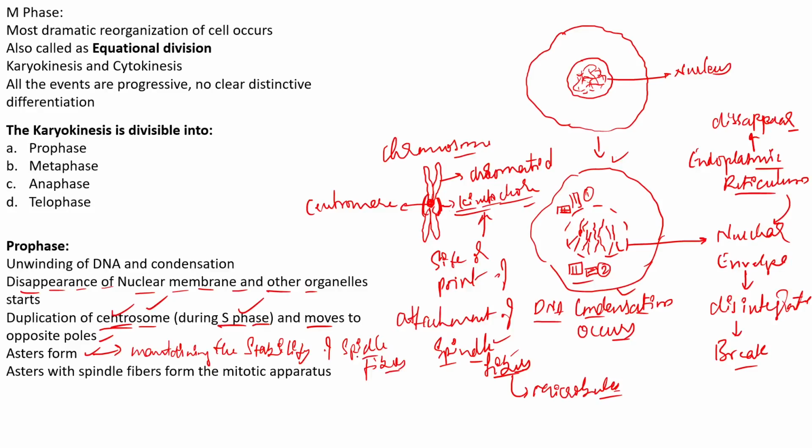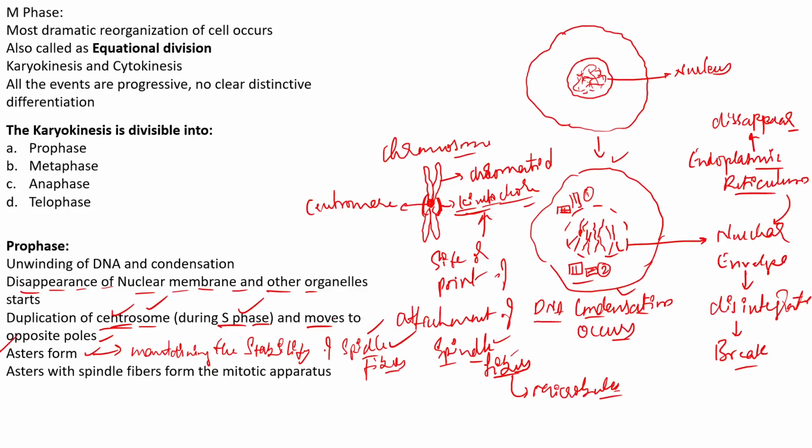They are required for the maintenance of proper stability of the spindle fibers. However, the asters are not the structures that finally attach to the kinetochore. They are required mainly for the stability part of the spindle fibers.